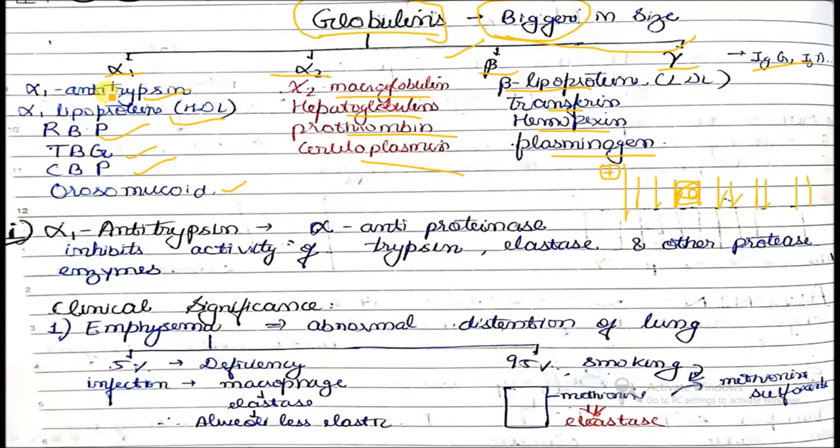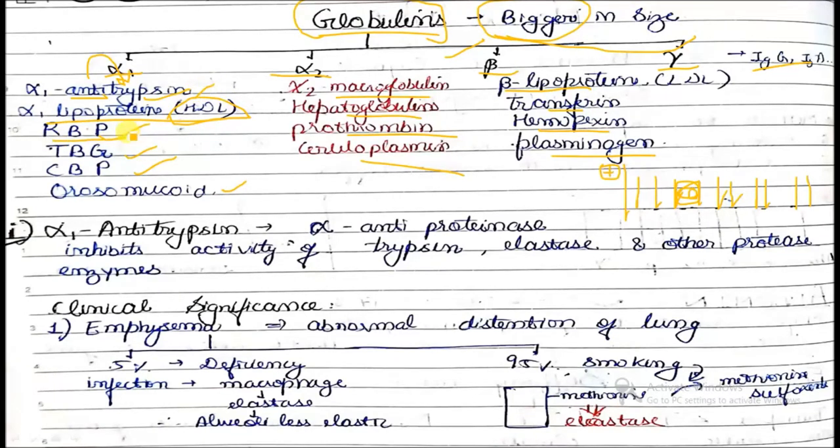Alpha 1 antitrypsin, as the name suggests, prevents the action of the trypsin enzyme. It also prevents the activity of elastase and other proteases. We'll discuss alpha 1 antitrypsin in the next video. Alpha 1 lipoproteins transport cholesterol.